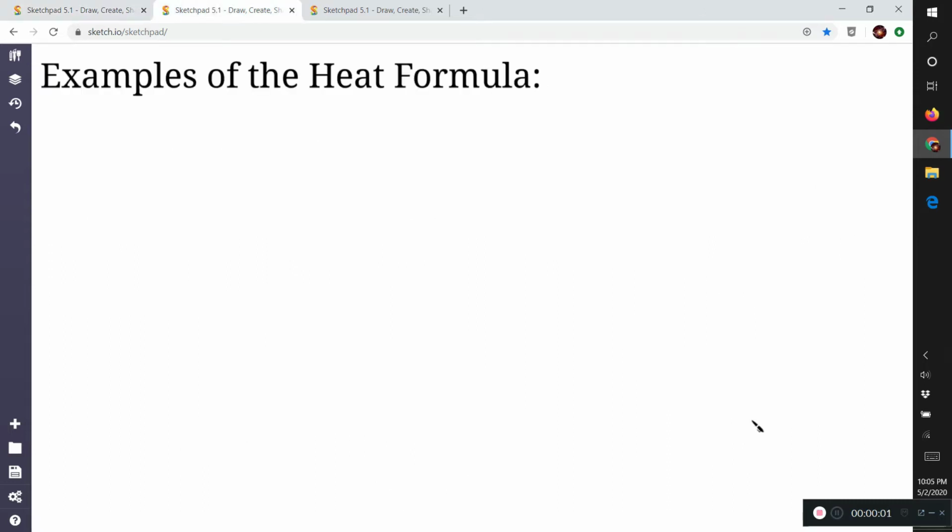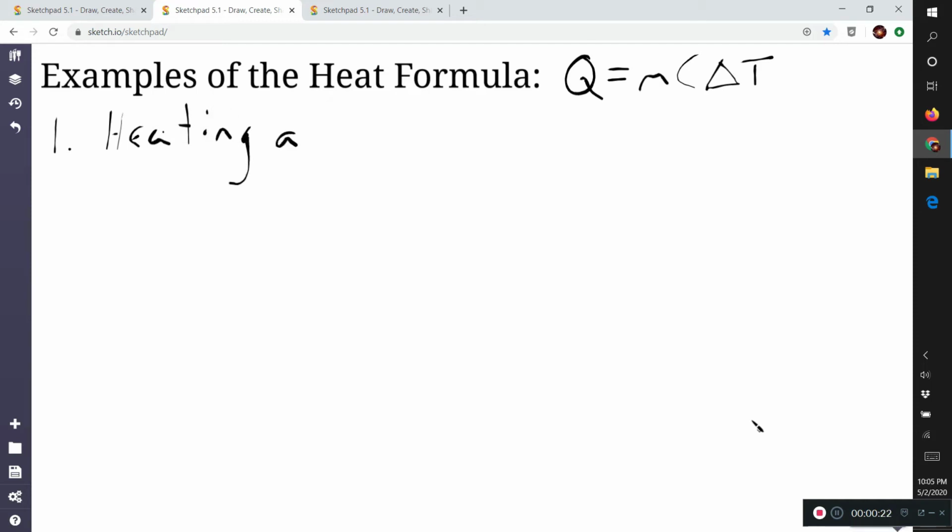All right. So let's use examples of the heat formula here. So this is Q equals MC, C being the specific heat, times delta T. So let's do a very straightforward one to start with. Let's say that we are heating a 450.0 gram sample of copper.